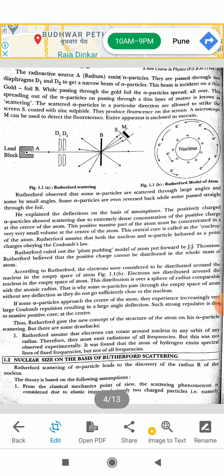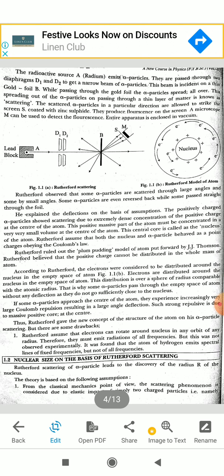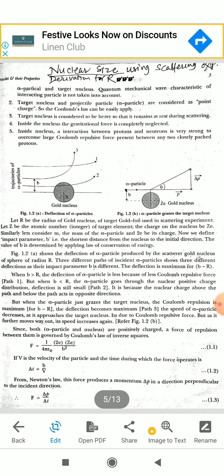So what is the size of the nucleus at the center of the atom? From Rutherford's alpha scattering theory, the target nucleus and the projectile particles are considered as point charges, so Coulomb's law can be easily applied. Using this theory we can derive the radius of the nucleus.